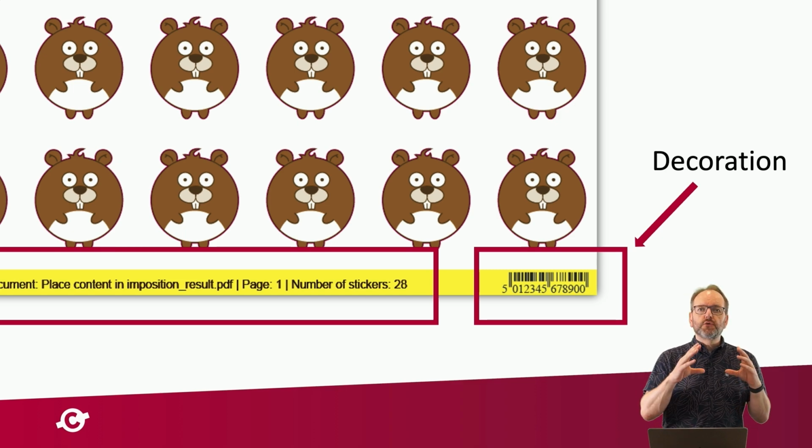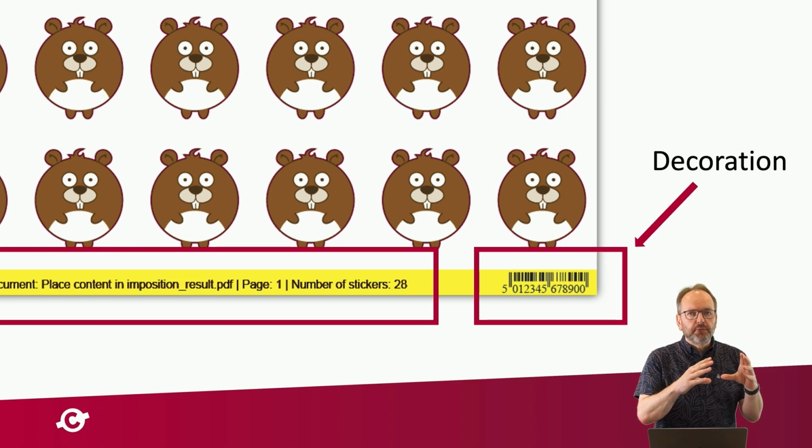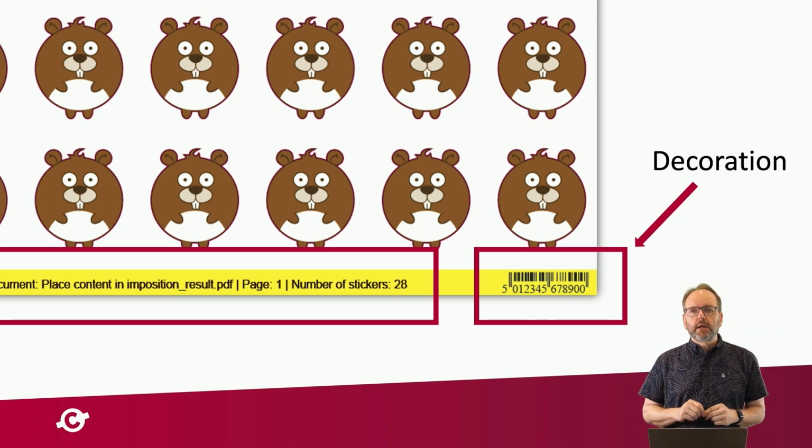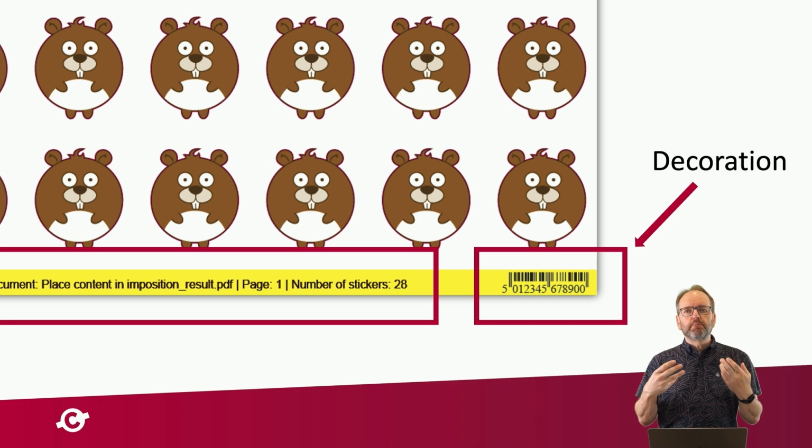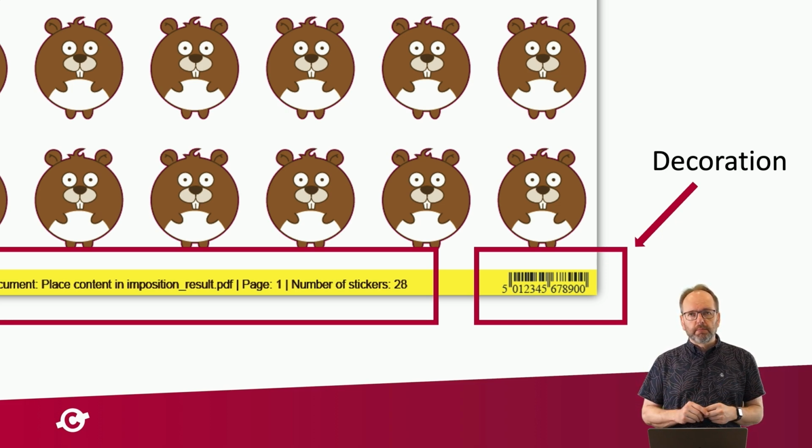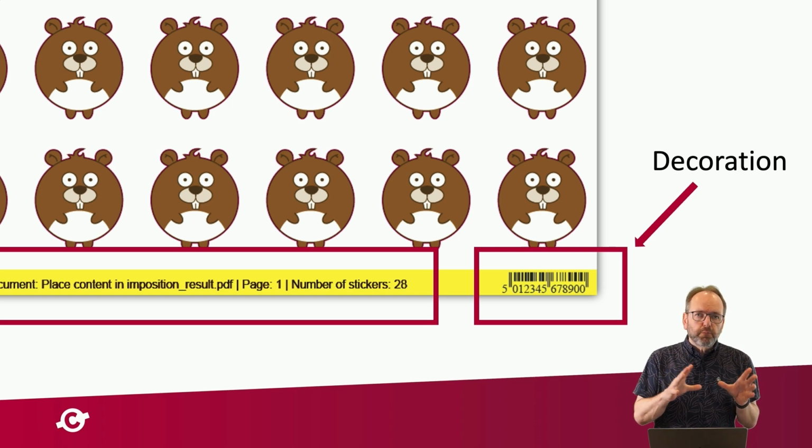And that allows you to place nicely formatted text or background elements like this yellow rectangle that you see here in the background of the bottom of the page, or barcodes or lines for specific marks or rectangles. So you can add decorations on top of or next to the imposed elements that you already have, making it even more powerful. That's the most important pieces of terminology that are used throughout the imposition documentation.